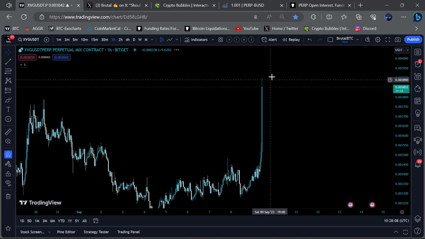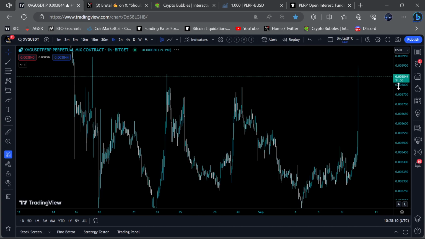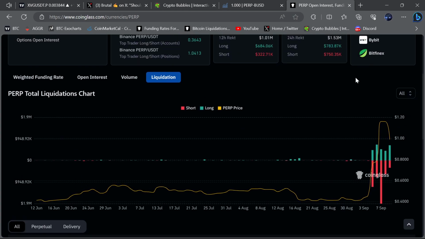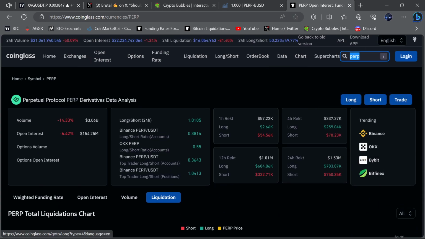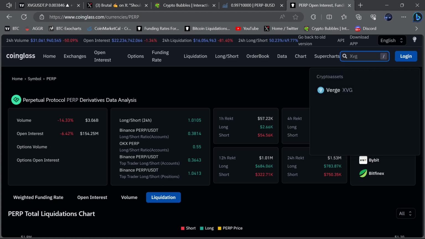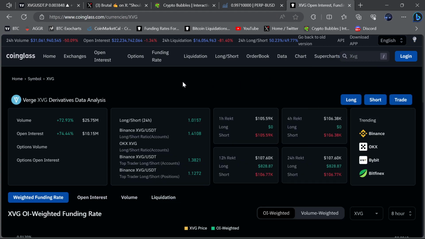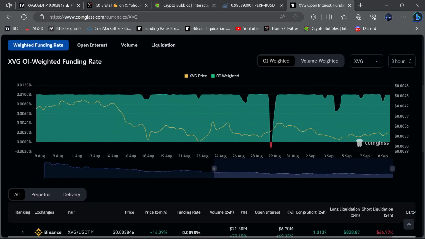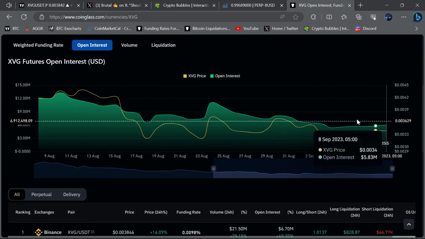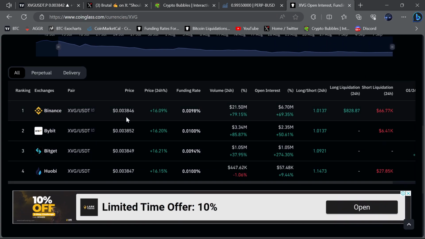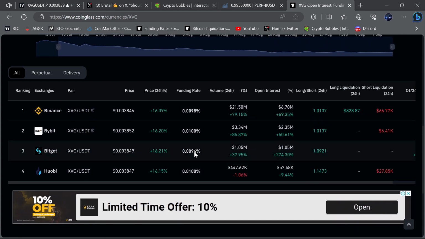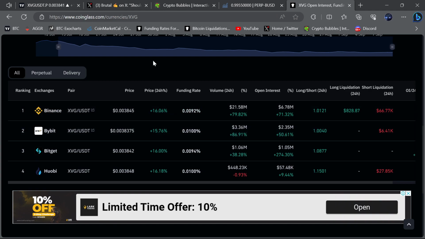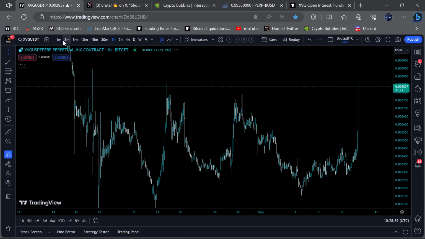I will tell you, just give me a few minutes. People are not shorting this coin right now, so it's a clear short over here.